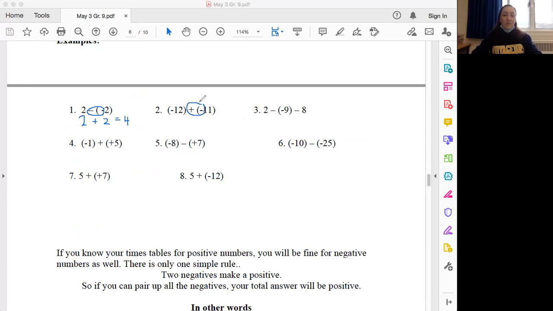So -12 plus -11. A positive and a negative make a negative. So -12 minus 11. Think of it like money again. If I owe Mark $12 and then I owe him another 11, how much do I owe him in total? That would come up to 23. So I owe him 23.